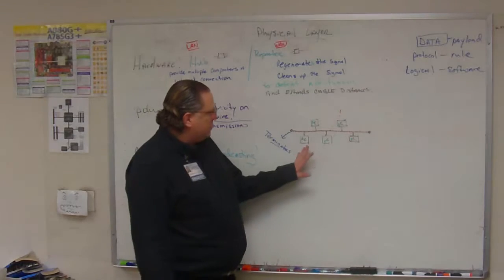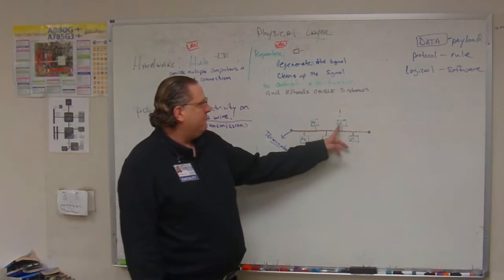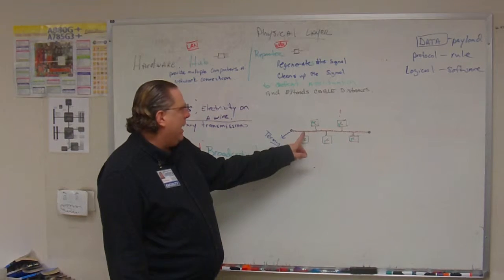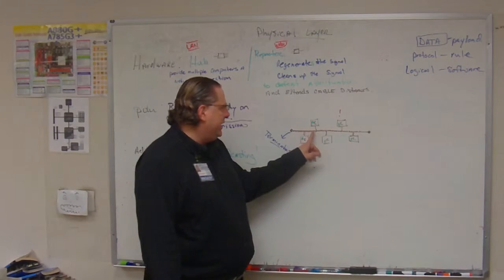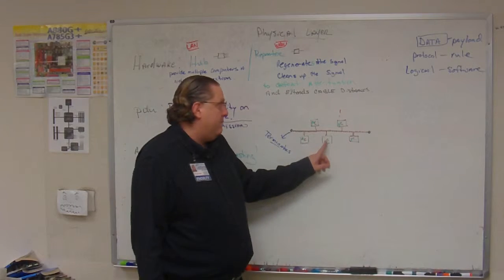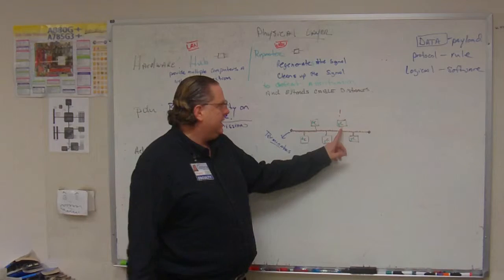Alright, so basically how this works is I've got computers A, B, C, D, and E. If computer A needed to send information to computer D, computer A would put out the data on the wire. It would travel down one side, hit the terminator, and stop. But it would also travel down the other side, and B and C would hear this information, but they would ignore it because it's not their MAC address. And D would hear it and say, that's my MAC address, and it would process that information.